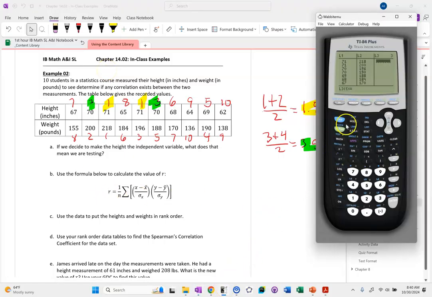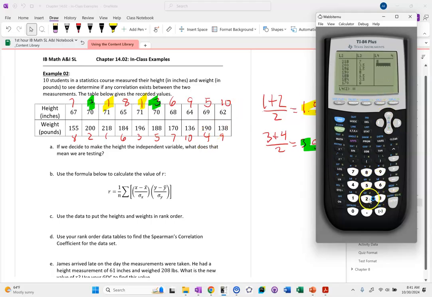All right, so now I'm going to go ahead and type this in. So I'll do 7, and then 3.5, and then 1.5, and then 8, and then 1.5, and then 3.5, and then 6, 9, 5, and 10. And I'll do the same thing here.